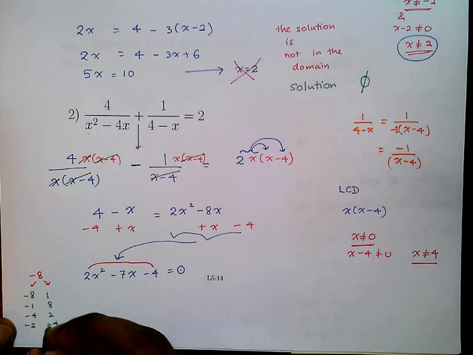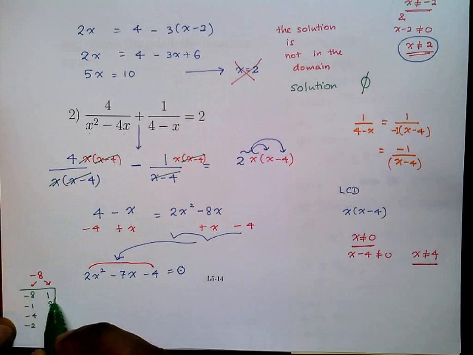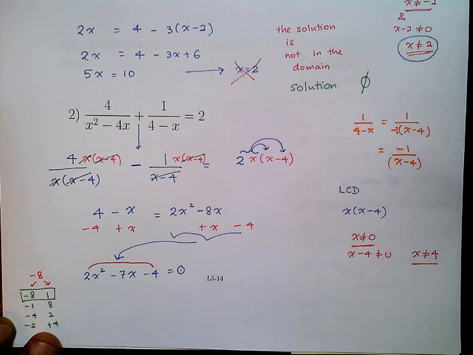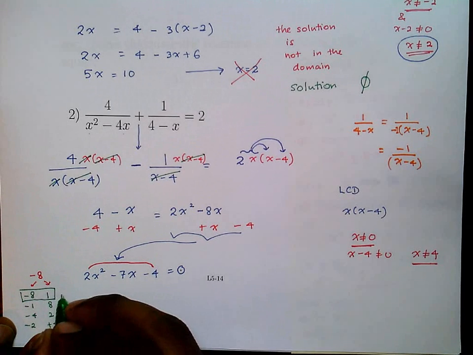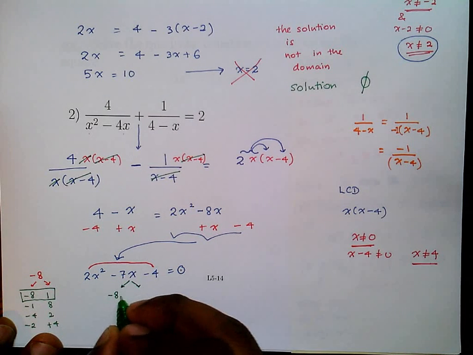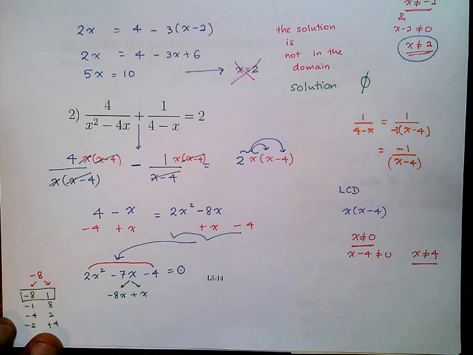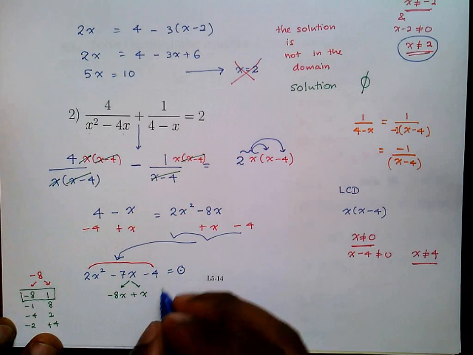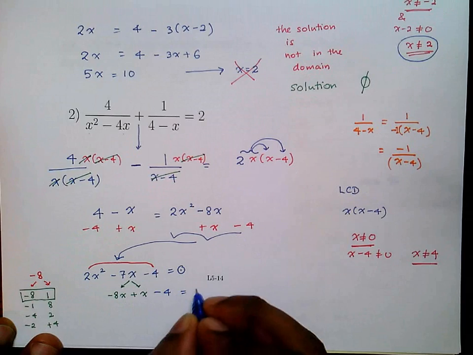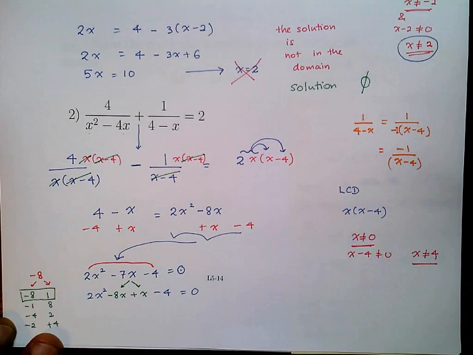No, negative 2 times 4. So the correct factor pair that gives you negative 7 is that. So you would split the middle term to negative 8x plus x. And again you are very familiar with this type of simplification by now. So that is what you get.